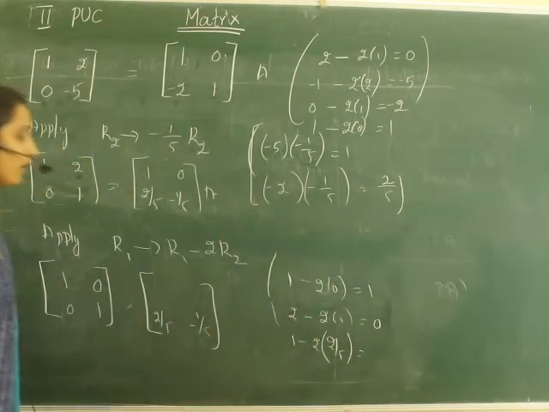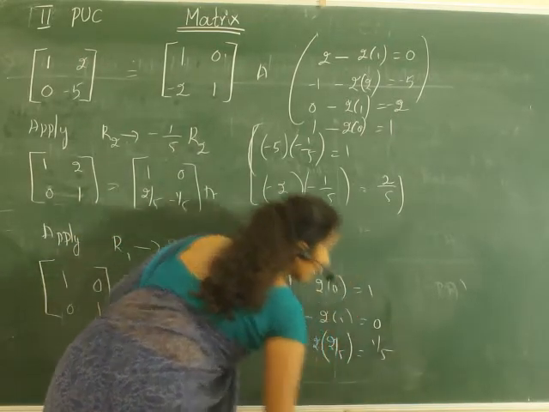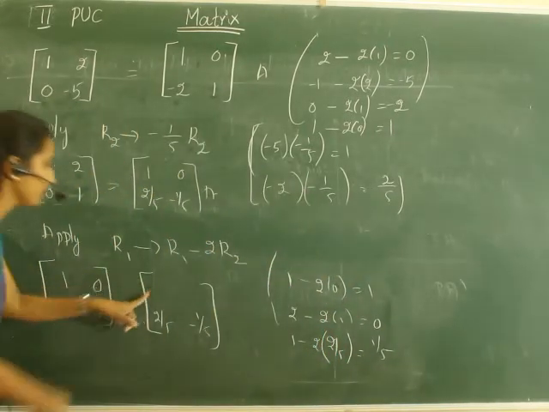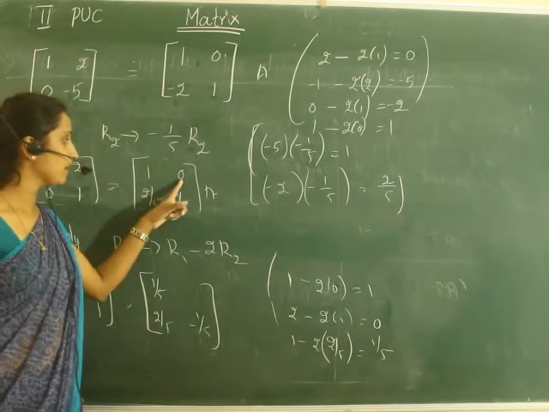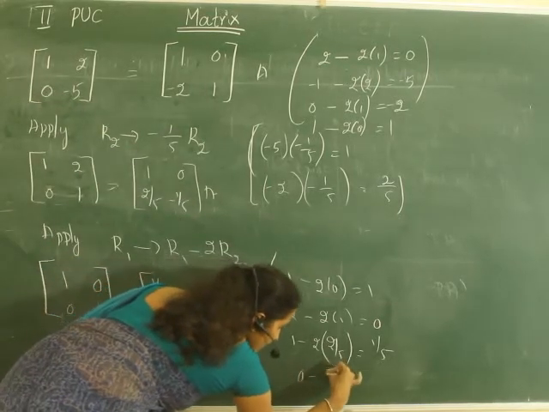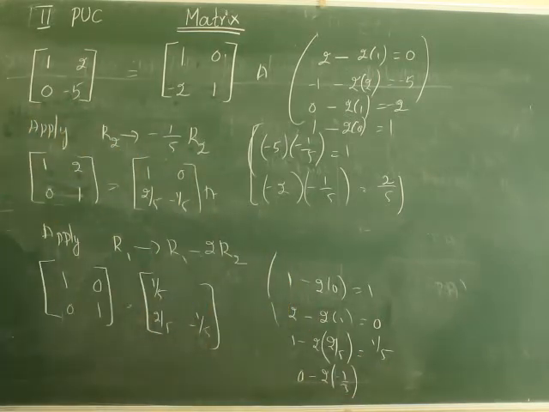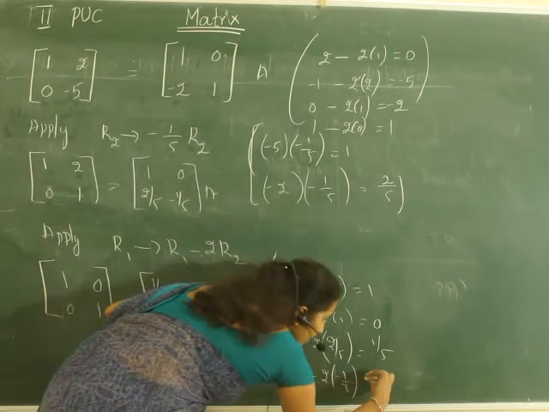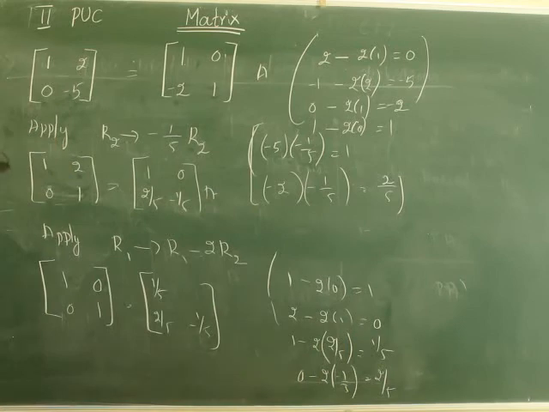So 1 minus 4 by 5 is 1 by 5. Therefore this element will be 1 by 5, and here it will be 0 minus 2 into minus 1 by 5. Minus into minus is plus, so it will be plus 2 by 5.